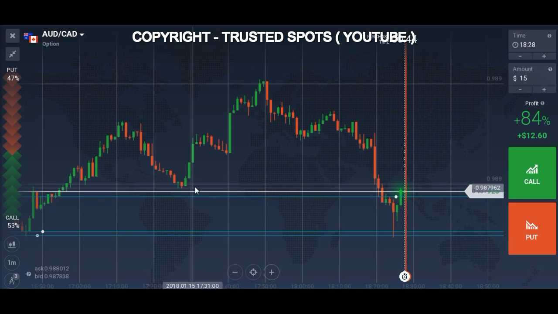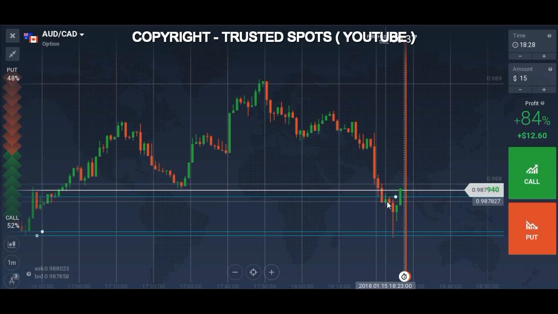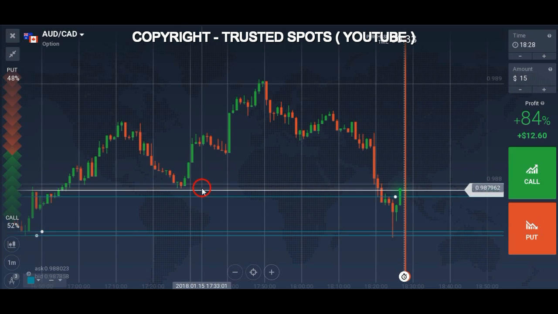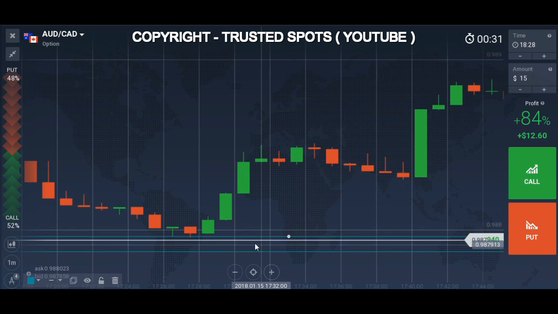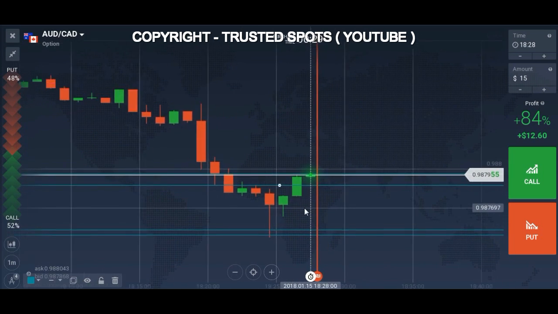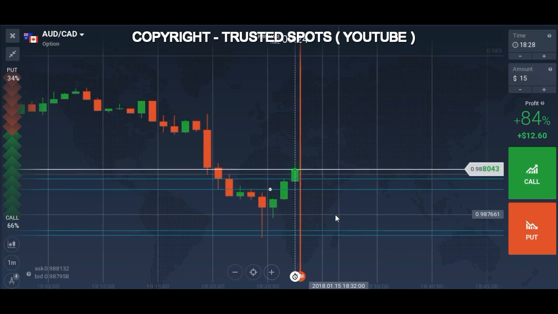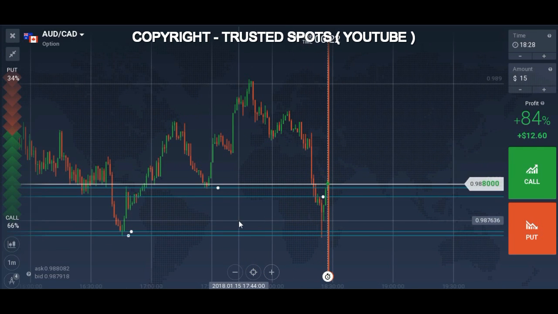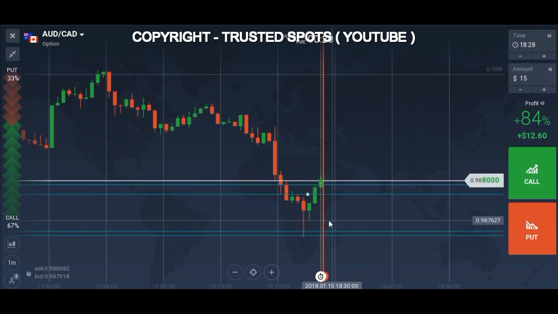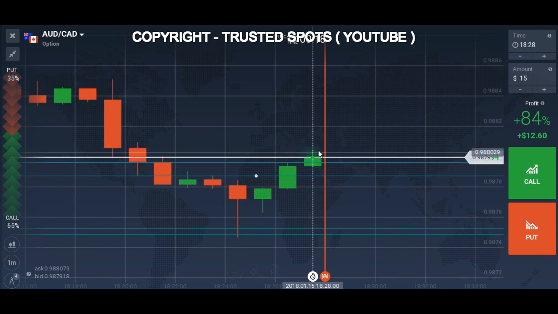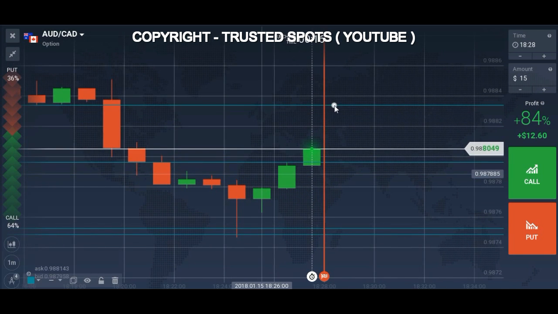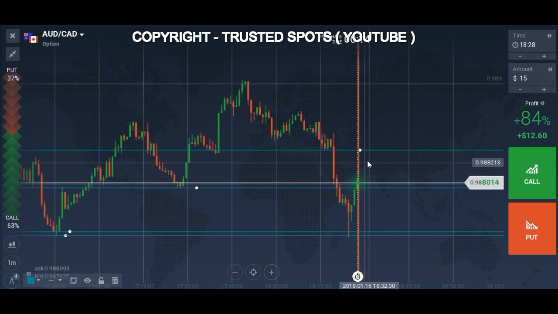We have here another level. Let me draw it first. Okay, we have a level. It closes just after the candle, but I'm not satisfied. I will not trade here. I will wait for this candlestick to finish first.